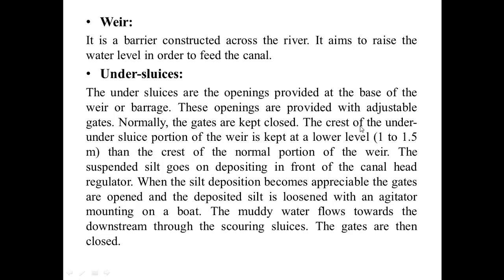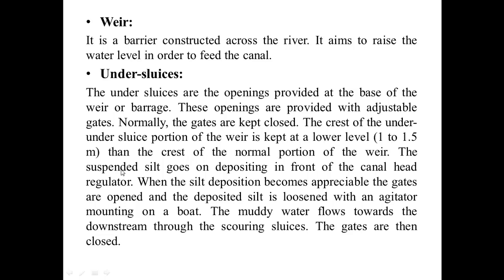The crest of the under sluices portion of the weir is kept at a lower level, 1 to 1.5 meter than the crest of the normal portion of the weir. Means that the height of the under sluices portion is about 1 to 1.5 meter lower than the normal portion of the weir or crest portion of the weir.